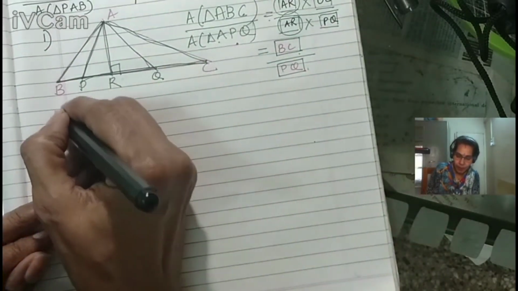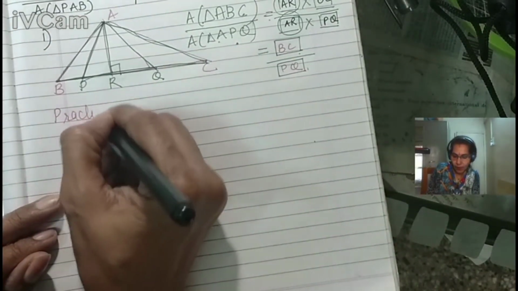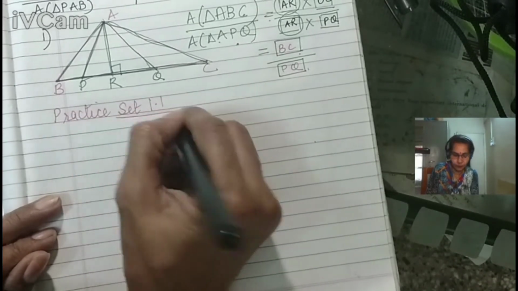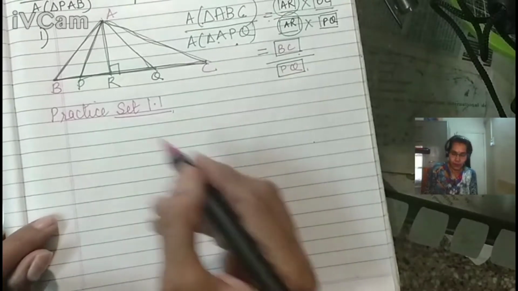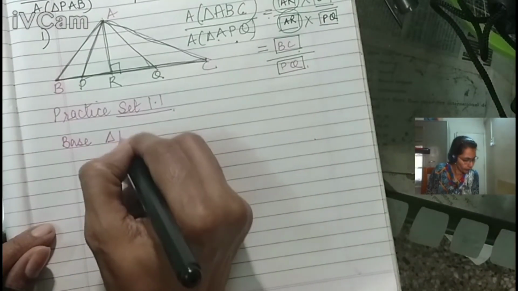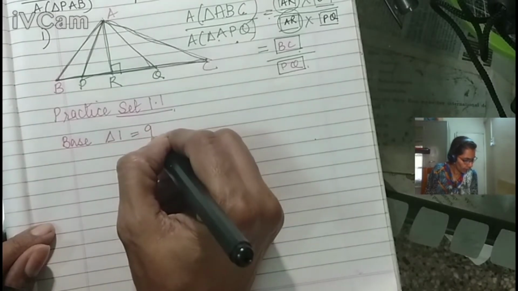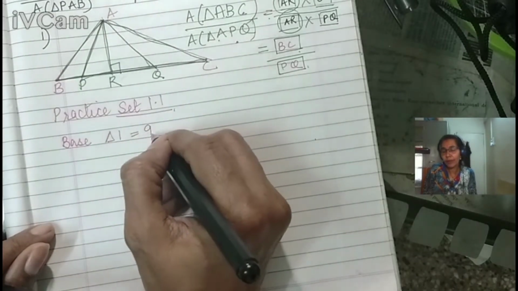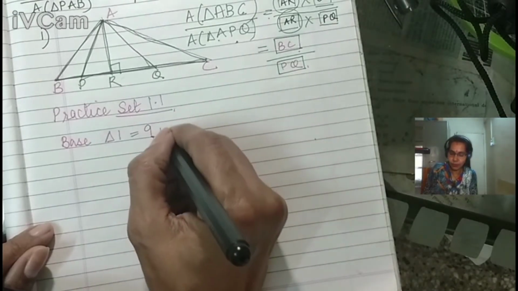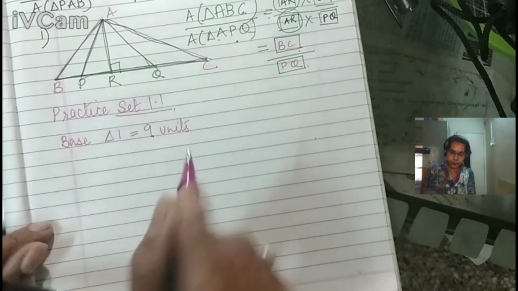Now let us go to practice set 1.1. Base of the triangle 1 is equal to 9. Now they have not given us centimeter, meter or anything. So write down units.